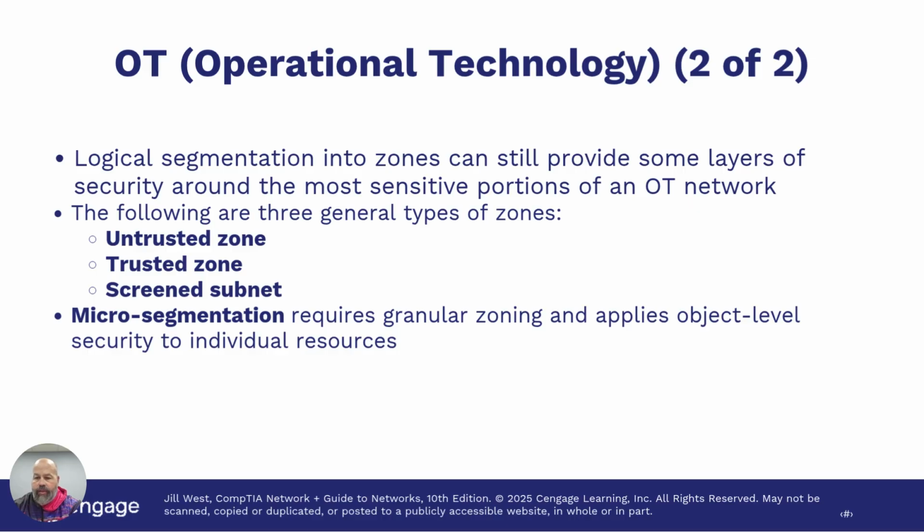And then we've got the screened subnet that sits in the middle like a bouncer, checking IDs. Microsegmentation takes this even further. It applies security to individual resources, like having a separate lock on every drawer in your house instead of just one lock on the front door. It's certainly overkill if you're thinking of it in terms of a house, but it's perfect if you want to protect your critical infrastructure.